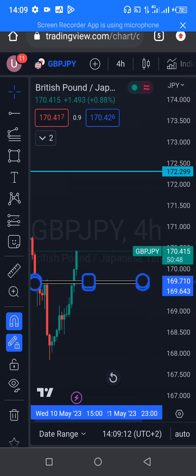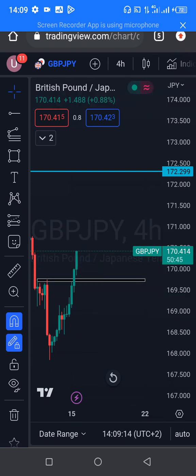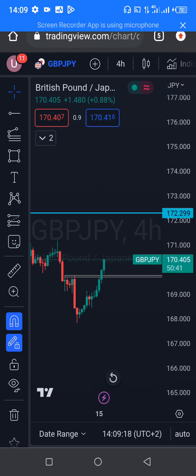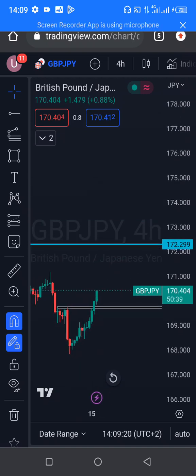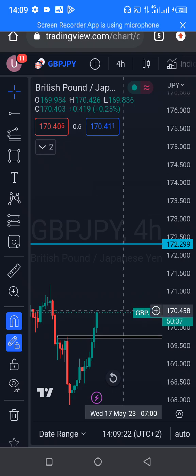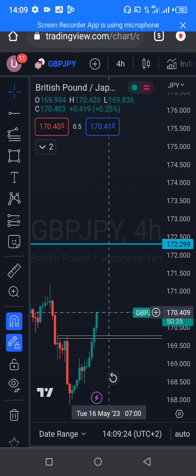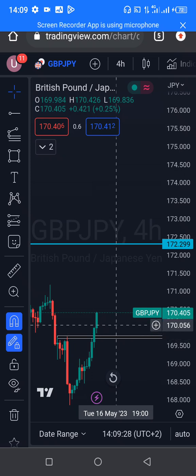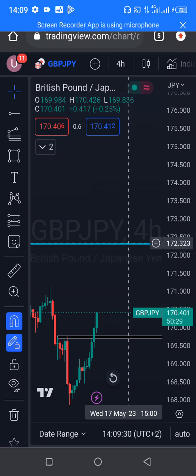Draw my support here, but it seems like it's already gone. In case it decides to come back here, tap in here, retest, and then we can go all the way up there. That's the case if.